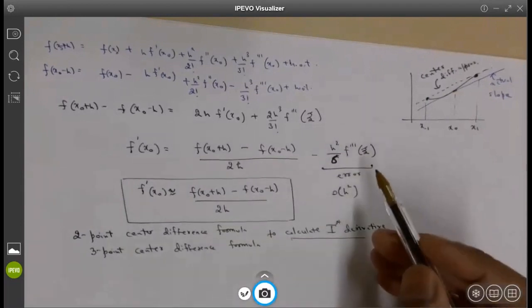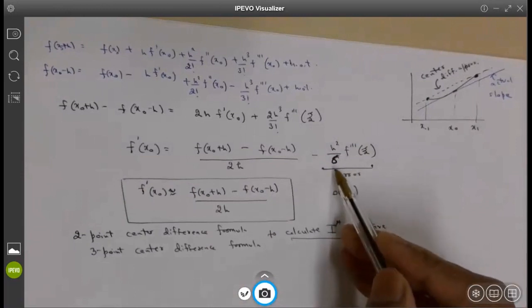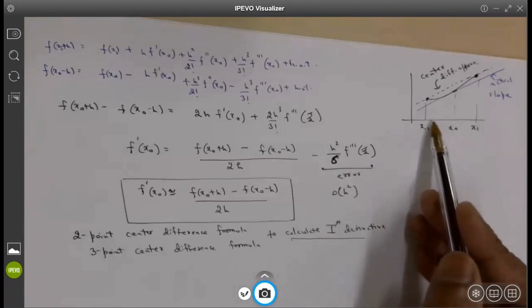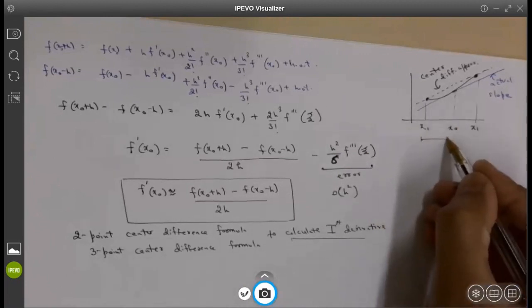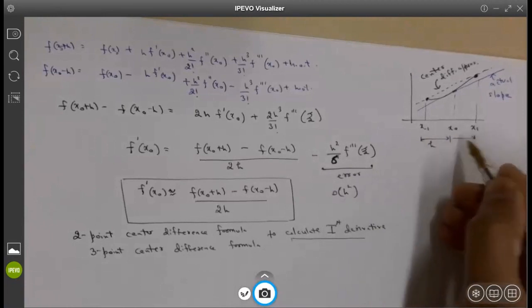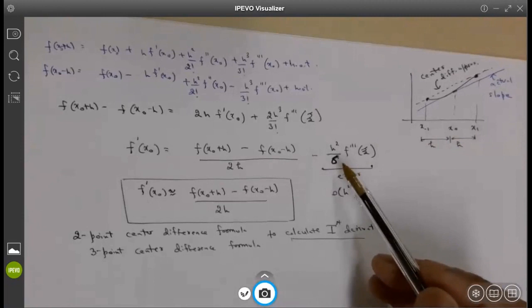And the difference is that here the error is proportional to h squared. So if you change the step size from h to h over 2, your error will reduce by a factor of 4.